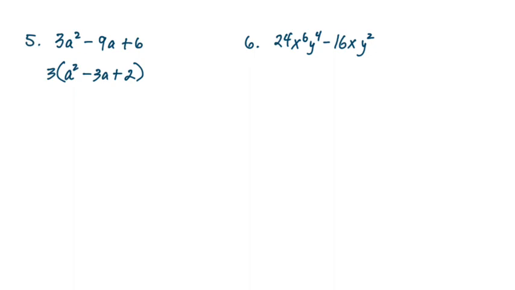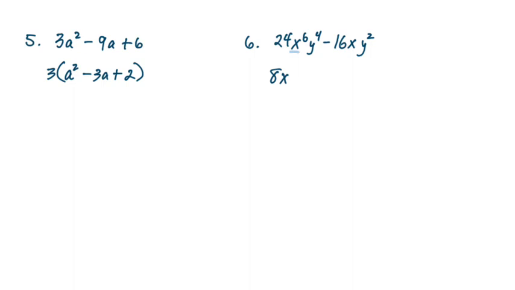On number 6, now this is like the ultimate test of what we've been doing with factoring out the GCF. Let's see how you did. For 24 and 16, the largest number you can divide both of those by is 8. And if you look at x to the 6th and x to the 1st, the smaller of the 2 powers is x. The other way to think of it is you have x to the 6th, which is 6 x's multiplied.